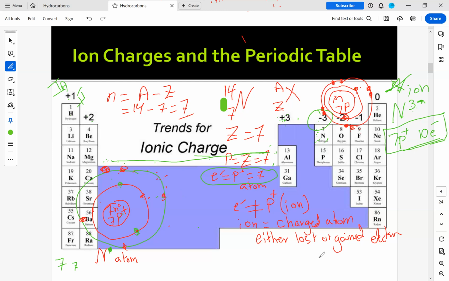For example, iron sometimes loses 2 electrons, other times it loses 3 electrons, according to its activity during losing and gaining electrons. And iron is not here, it's in the transition metals.